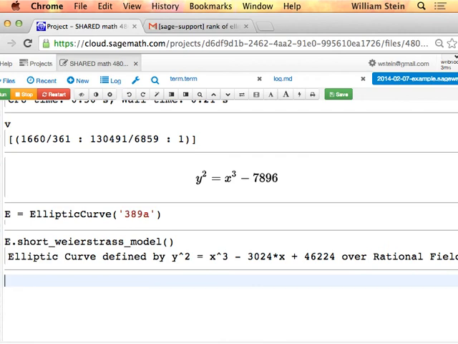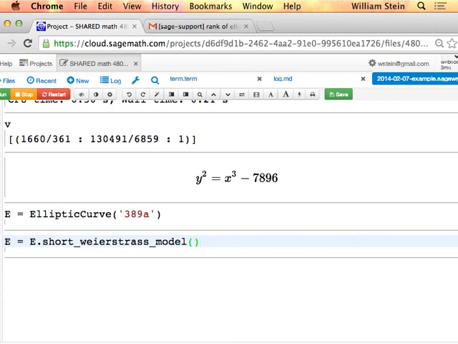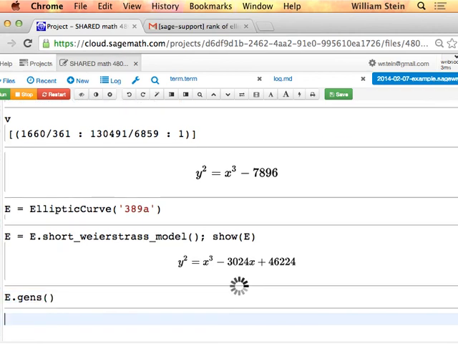Okay, so it's y squared equals x cubed minus 3024x plus 46224. So it's that curve. I'll just reassign it, and so it's this curve. And now if I do E dot gens, look what happens.